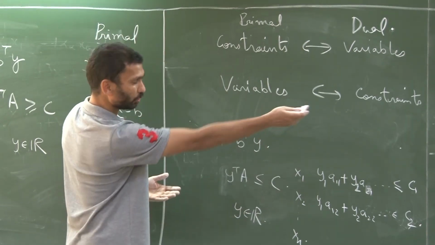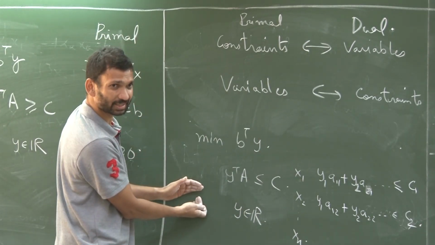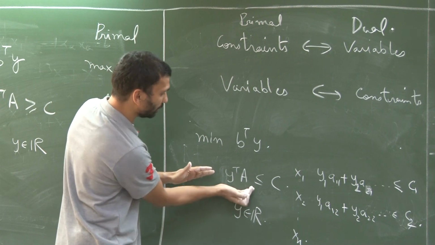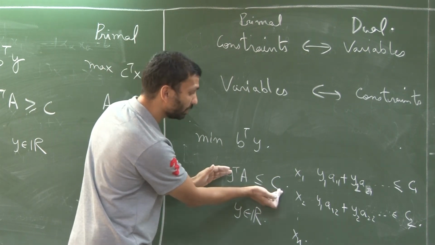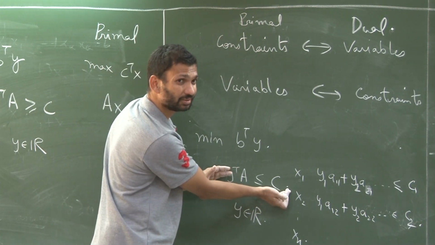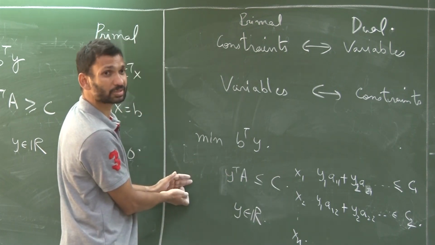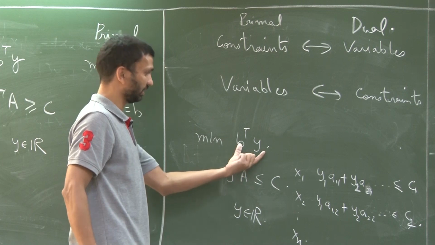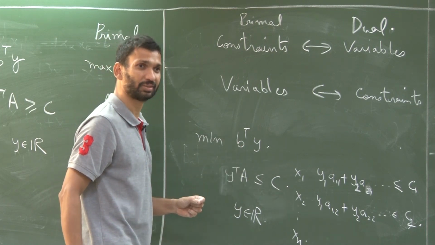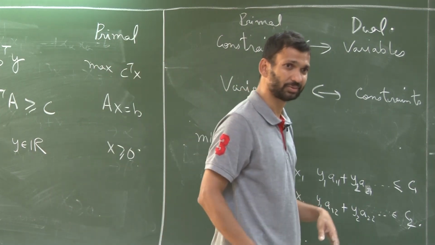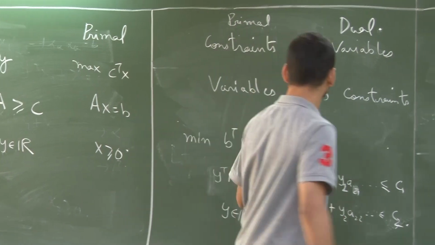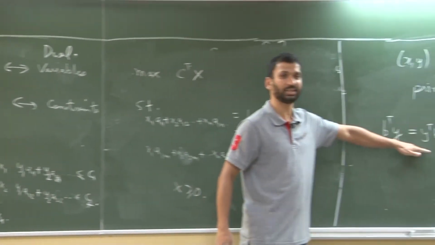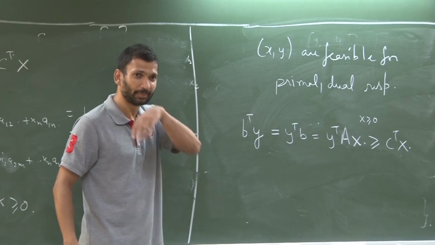It's the same calculation which I am doing here. When I am multiplying by x, I want x multiplied by this quantity to remain less than C transpose x. That will only happen if x is positive. And then that compared with B transpose y. Right? So this is basically the thing which is going on.